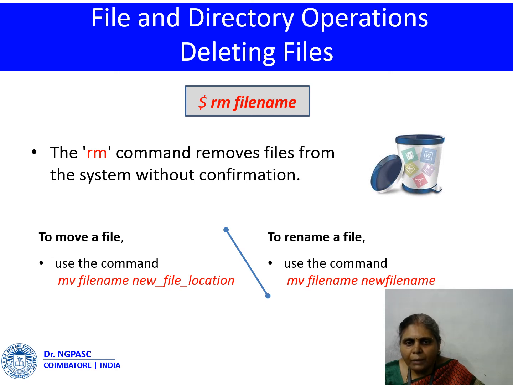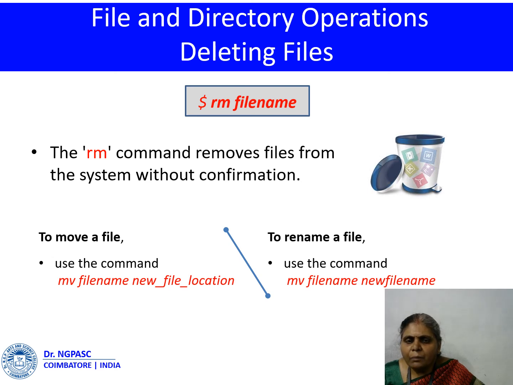The mv command can be used for moving a file as well as renaming a file. When you have the mv command with a file name and a new file name, two file names, first file name followed by another file name, then automatically the move command will rename this file with this new file name.